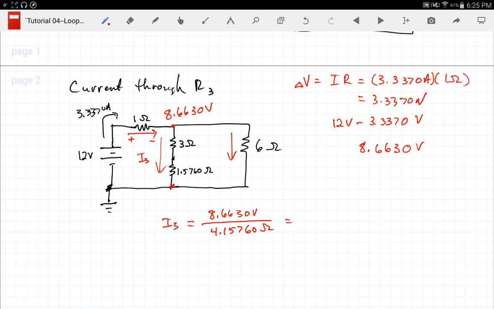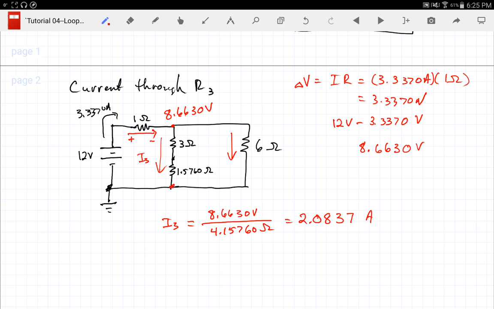And so I just take my 8.663 and I divide by 4.15760, and I have 2.0837 amps.